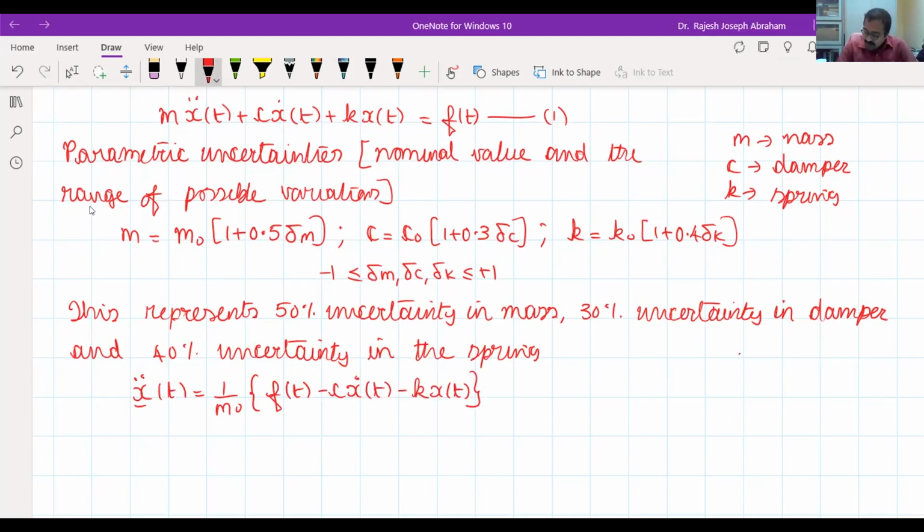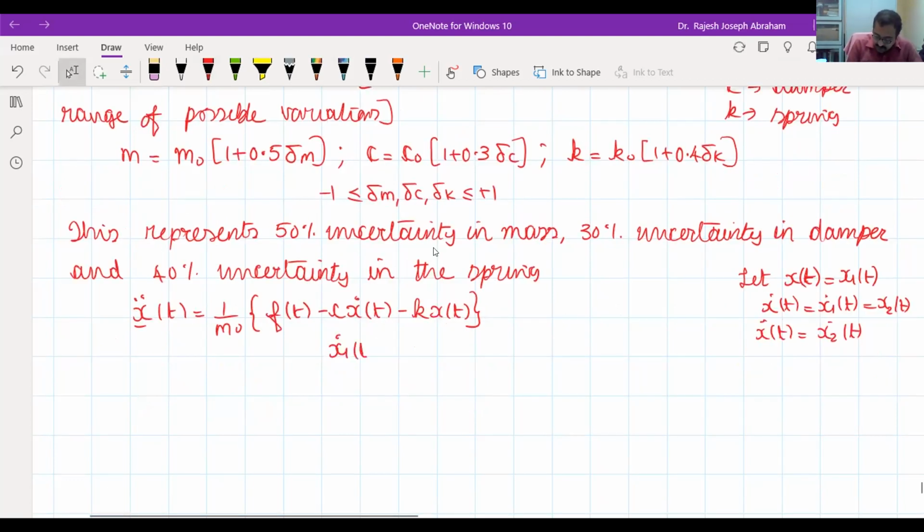Let x, meaning x of t, equal x1 of t. So x dot t will be x1 dot t, which will be the next state variable x2 of t. So x double dot t will be nothing but x2 dot t. So I can write this in state space form like this: x1 dot t equals x2 of t.